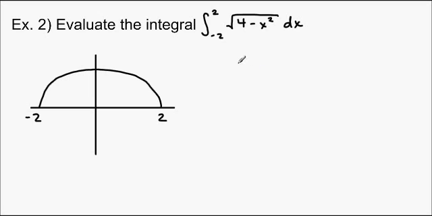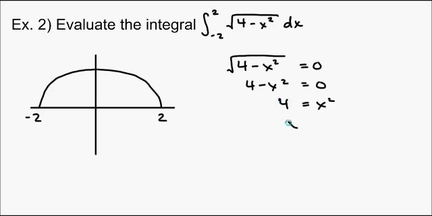If you wanted to figure that out with pencil and paper, you could just set this equal to 0 and solve that. So it is non-negative on this interval, so we can use the definition that you just saw. We're actually going to use some geometry to solve this, though. Since it's a semicircle, even though it's a little flat looking, I know that the area of a circle is pi r squared.